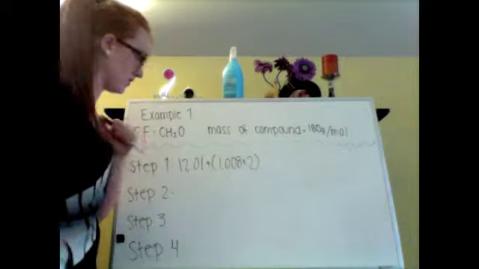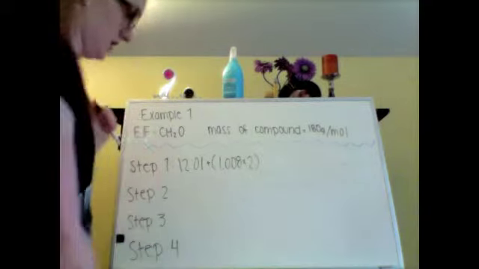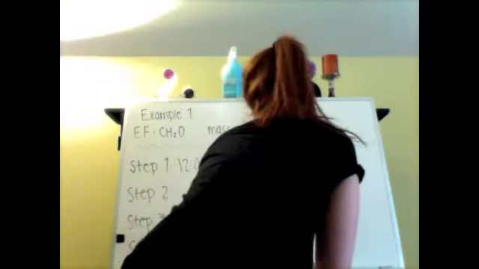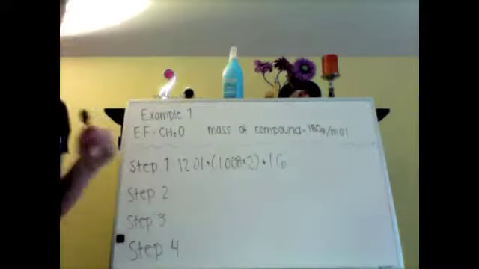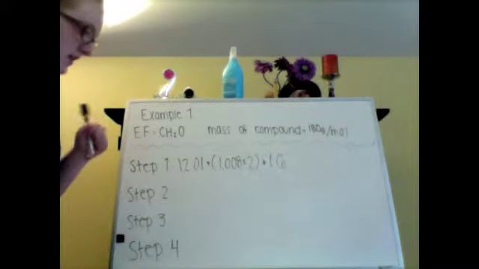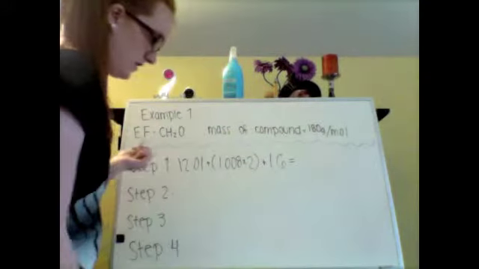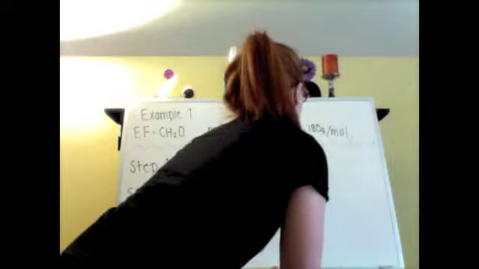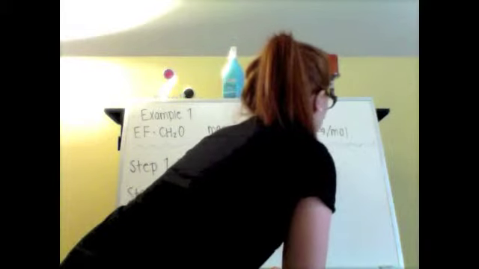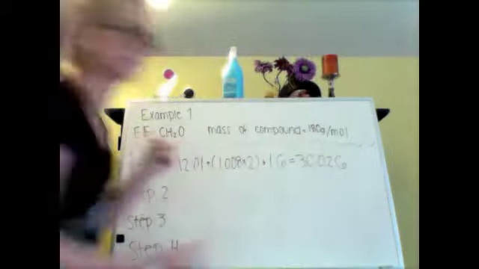And then you take the mass of oxygen, which is 16. When you add all that together, you get 30.026.